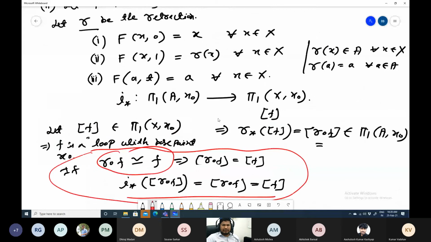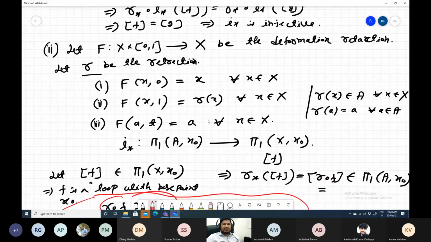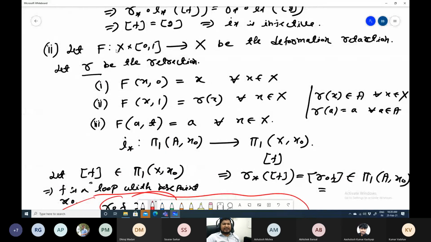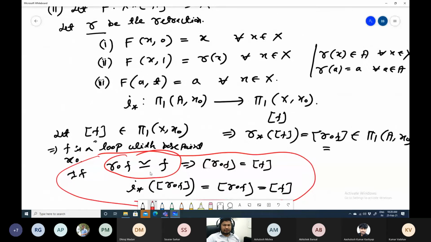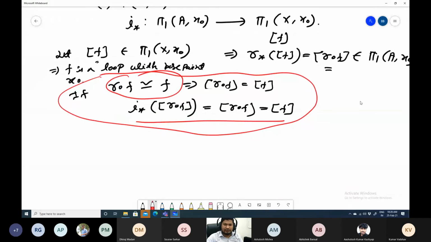The only problem is that the domain is X, but we need the domain to be [0,1]. So we just need to tackle the domain. Otherwise, everything is the same: this is almost homotopic to this by the construction. So how do we change the domain? We can compose a new map.